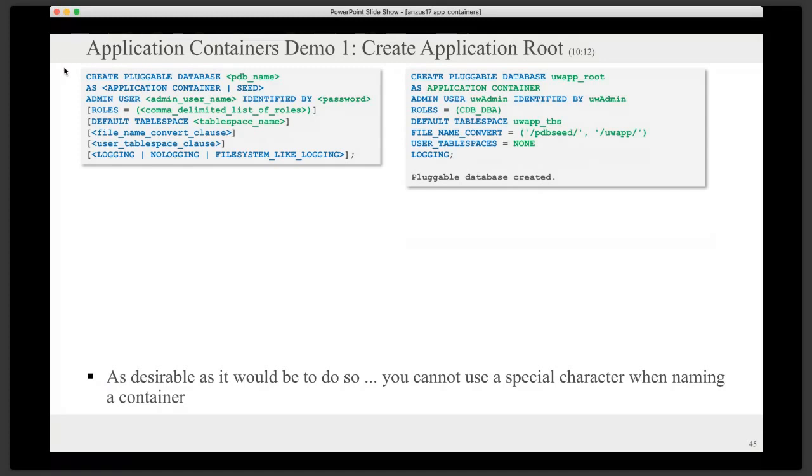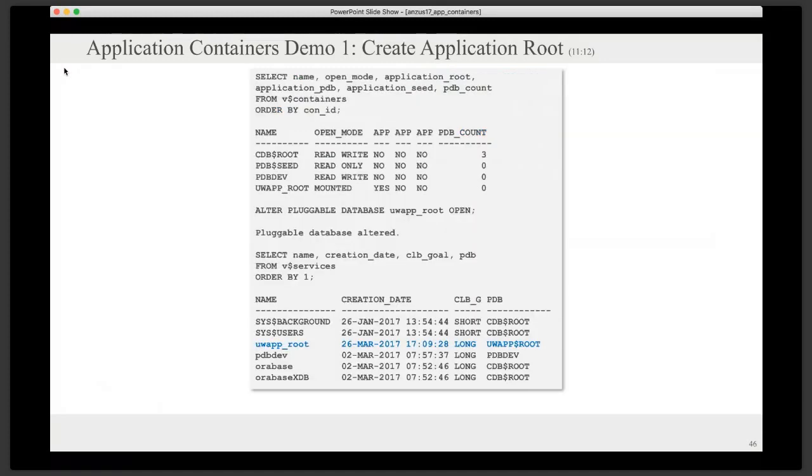Let's go to the next slide. Application root there. Keeping in mind, I'm still logged in as sysdba in my root container. I can't go into and query that thing because I'm not logged into it, but I can look at the metadata in the data dictionary about it.